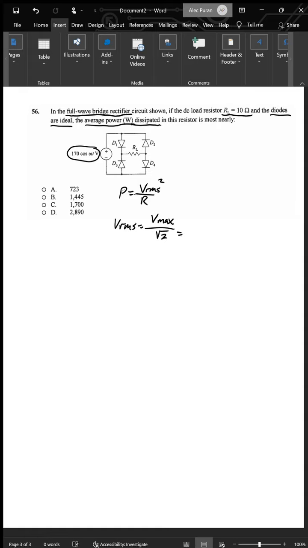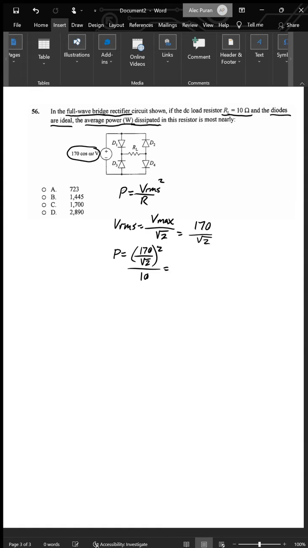And so we have here that our amplitude of this cosine wave of the voltage is 170. So we could plug that as our Vmax. So Vmax 170 over the square root of 2. And then that's our VRMS. So plugging that back into the power formula, P equals 170 over rad 2 squared over 10.